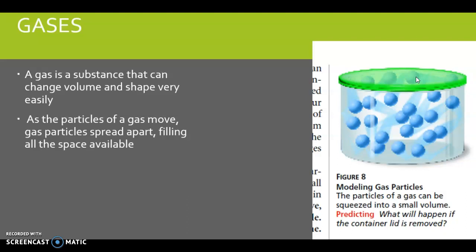Now, some other things deal with the volume of gases. Gases are their own special thing, to the point where we have to talk about different things in order to describe their volume and shape. That goes to a deeper explanation, but for now, what you can think about is that gases do not have a definite shape or a definite volume.